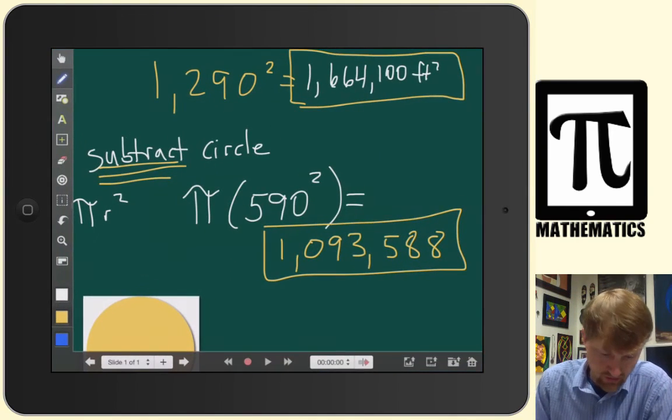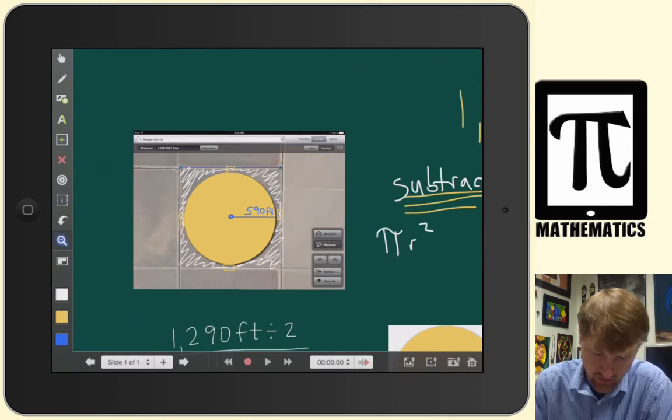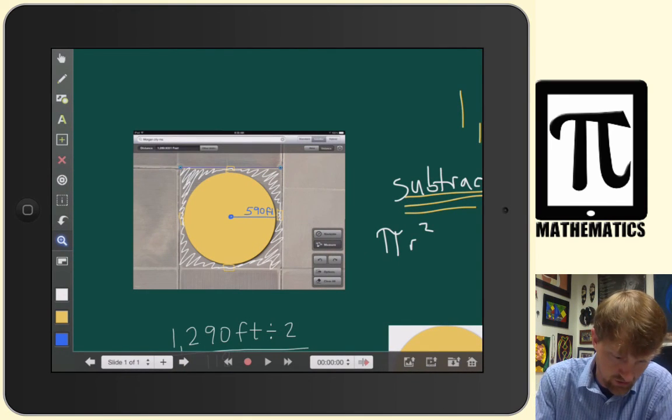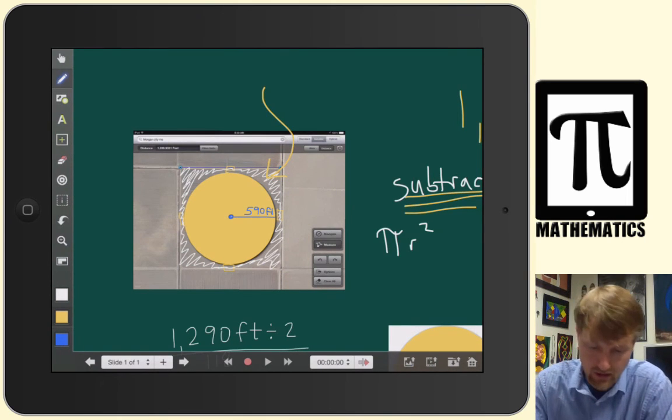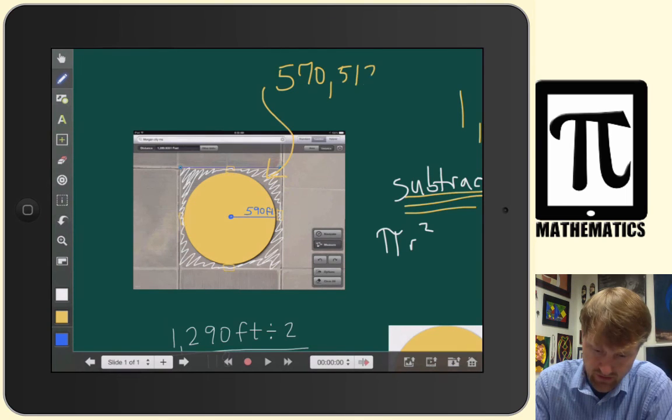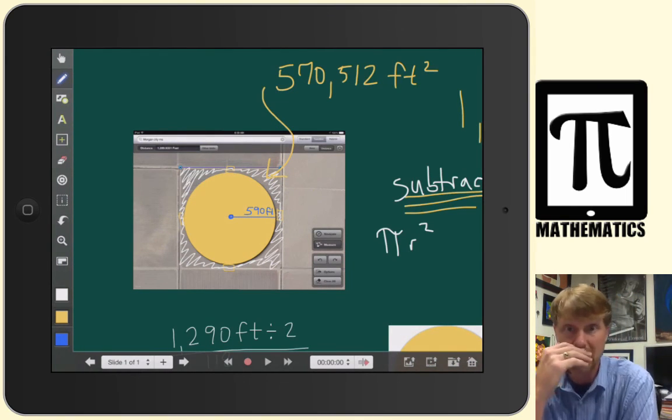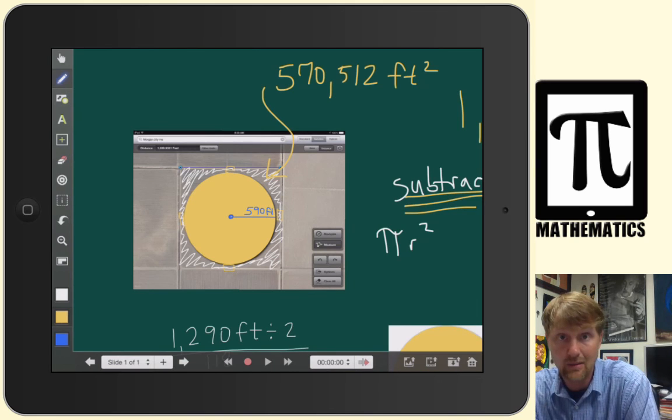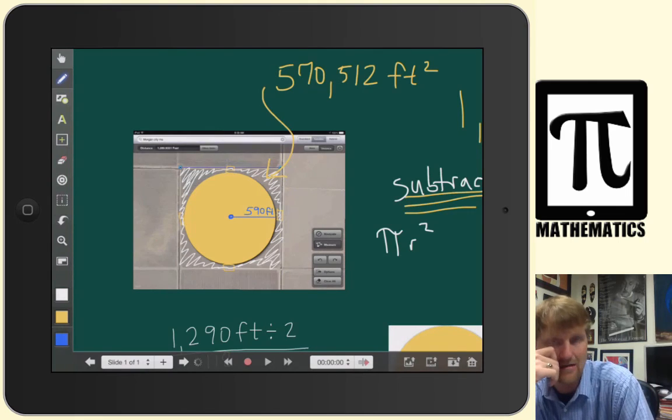So the answer is that this property right here that is not irrigated equals 570,512 square feet. And so a farmer's going to say, well, man, that's 500,000 square feet. That is a lot of property not being irrigated by my center pivot. I need to fix that, or I need something that helps me fix it.